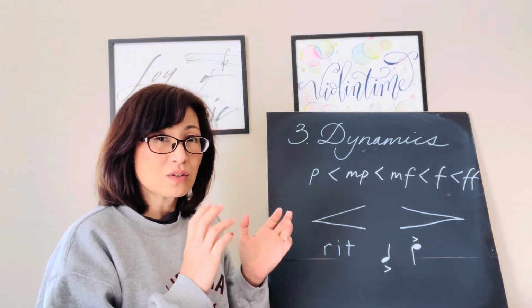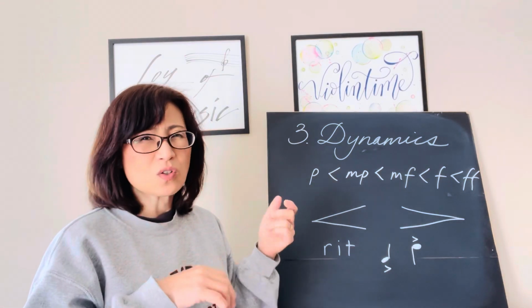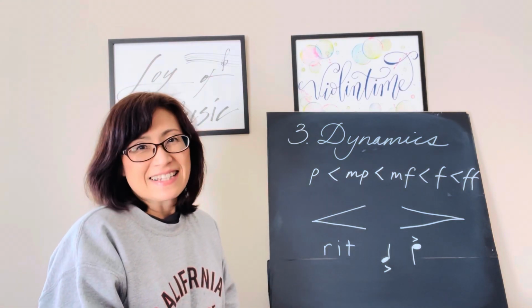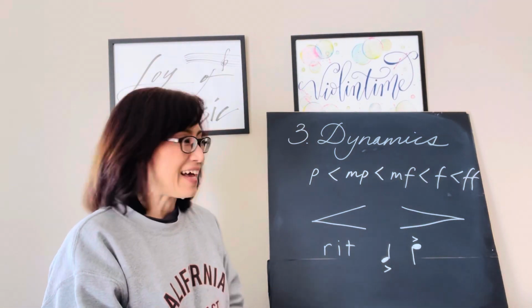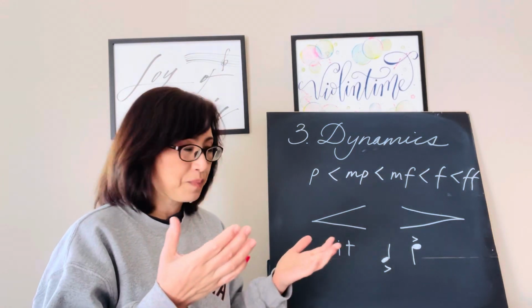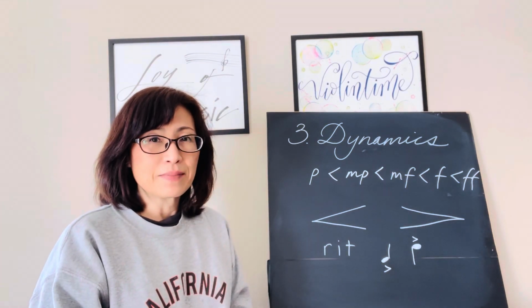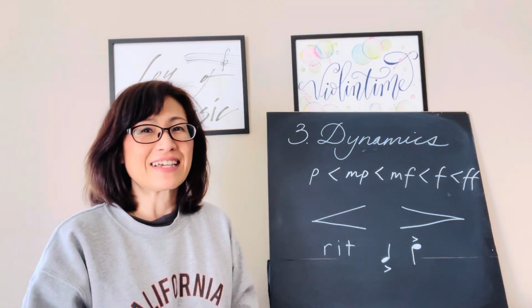Piano, is it soft or is it loud? If you play loud music softly, it's kind of boring. So please observe these markings in the Fiddle Time Joggers music, and then play accordingly and have fun. Okay, see you next time.